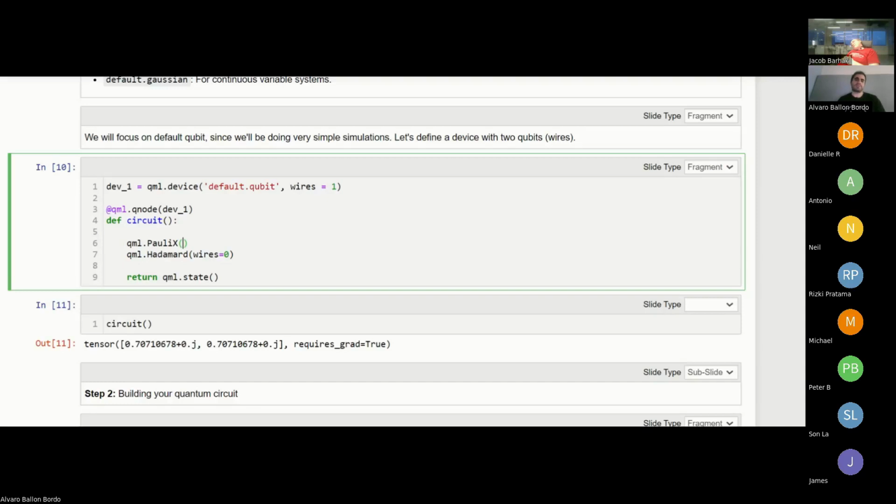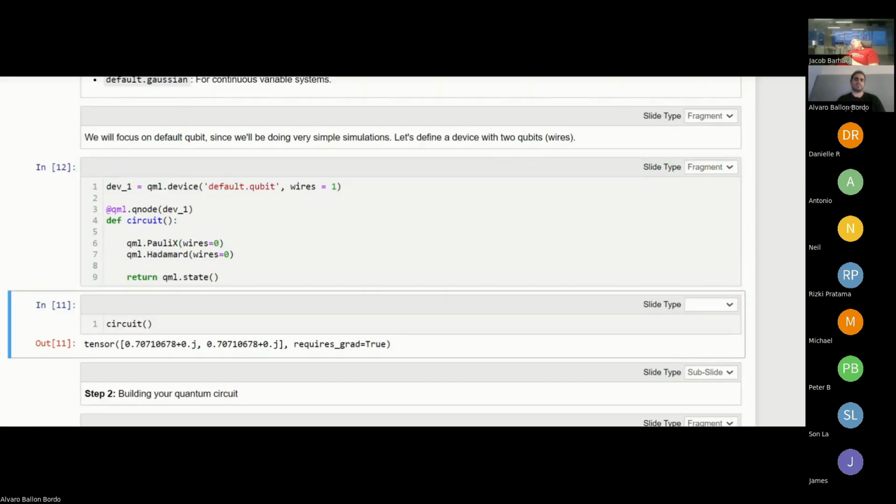So I could first do a poly X gate, which will turn the 0 into a 1, and then do the Hadamard gate, which would act on this one. So it goes in this order, right? So first I apply the poly, then I apply the Hadamard, and then I return the state at the end.